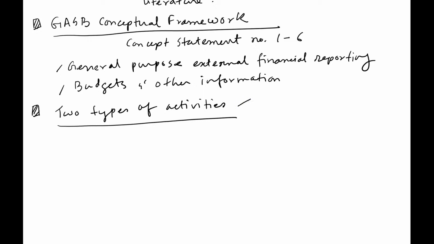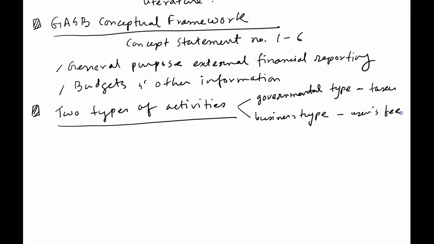So one is governmental type activities, those are financed by tax. On the other hand, you have business type activities, and those are mostly financed by or supported by users' fees.